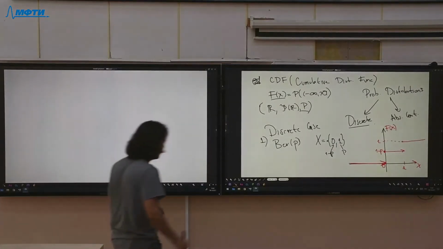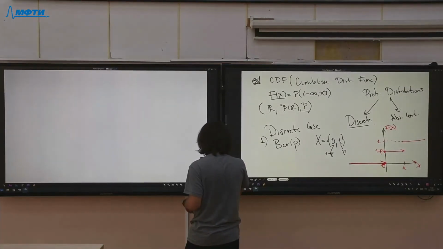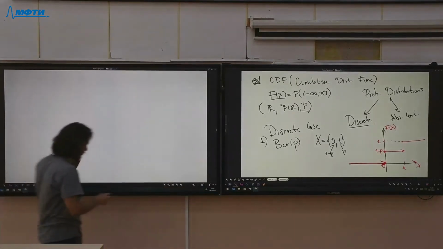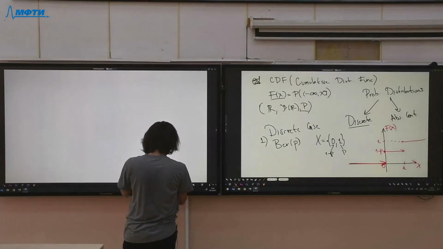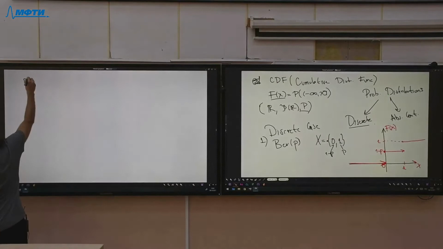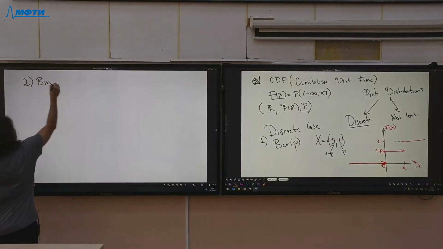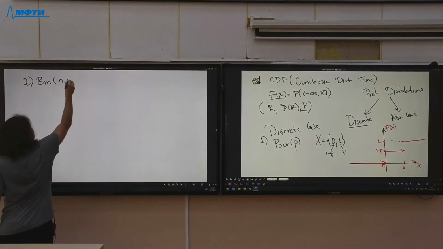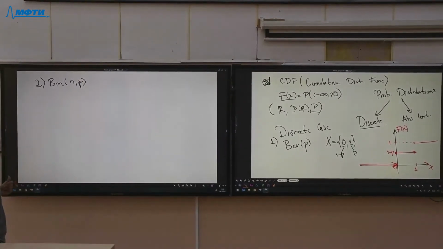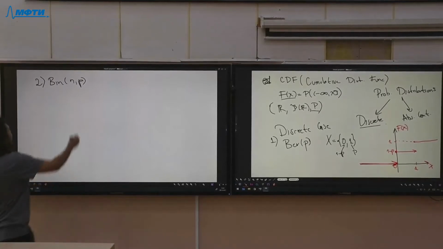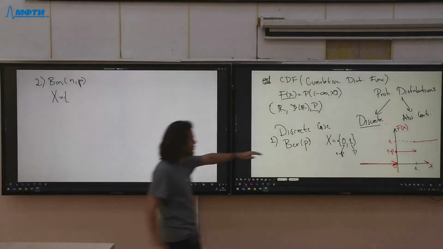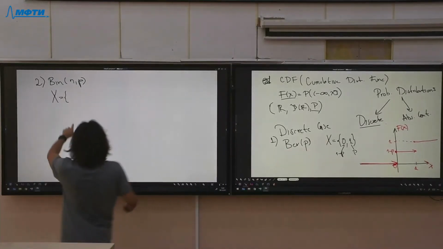Good. Now, what's the next distribution we know? The binomial distribution, right? The binomial distribution with parameters n, P. In this case, if here we had 0 and 1, then here we had what?